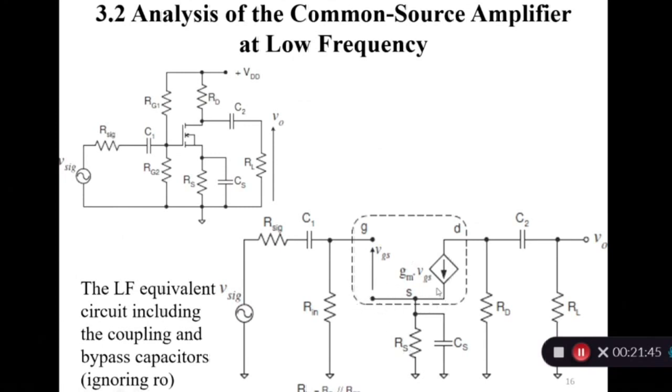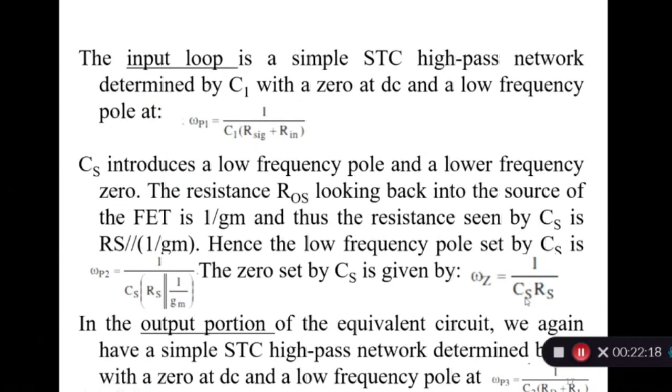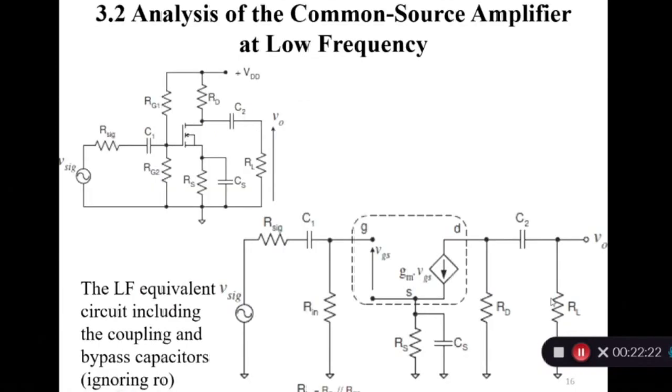What happens in this section? To find the poles and zeros, you can put the voltage input, voltage output, find the poles and zeros.